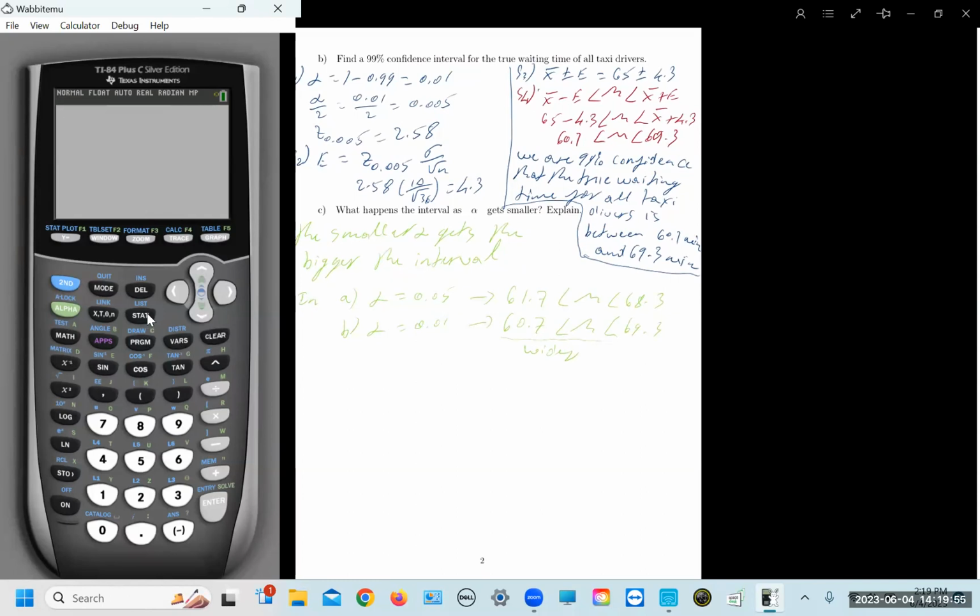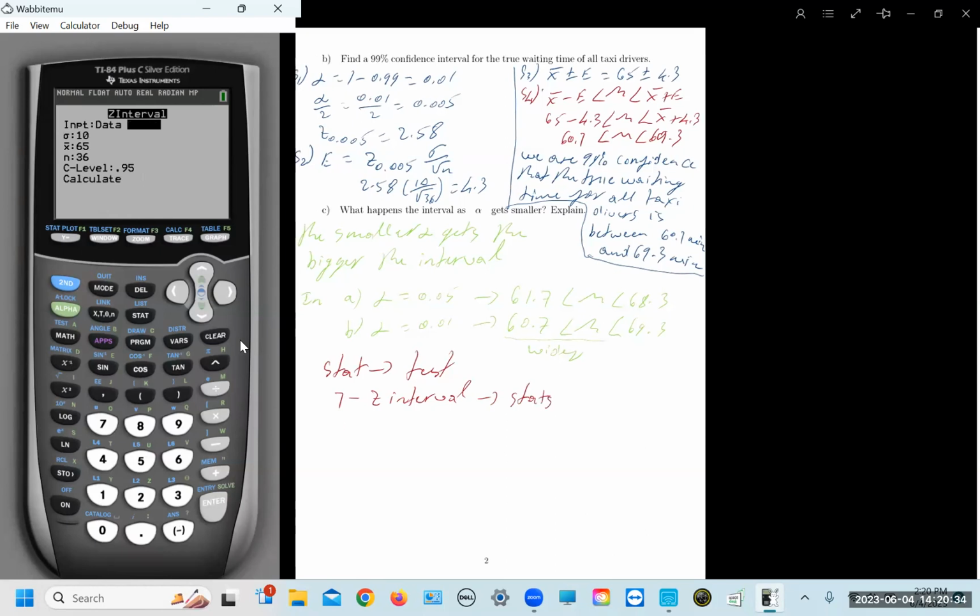So we press start, hash, hash, and we go down to 7, Z intervals. We can hit 7 right here, 7 intervals, and we go to start.